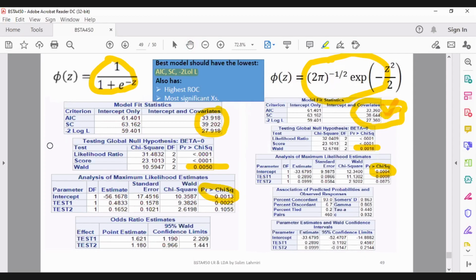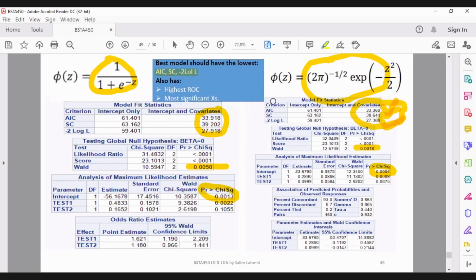Now let's look at -2 log likelihood. Logistic regression shows 27.918. Probit shows 27.36. So this one is good.